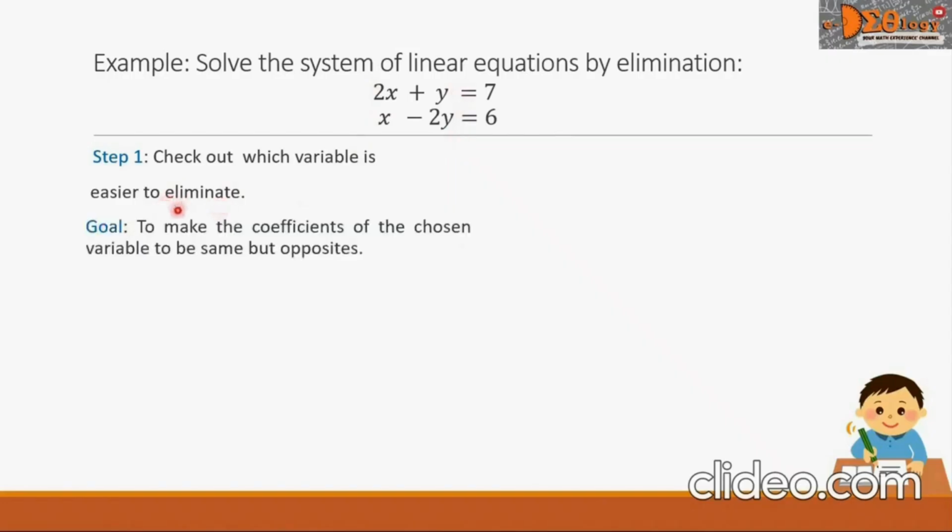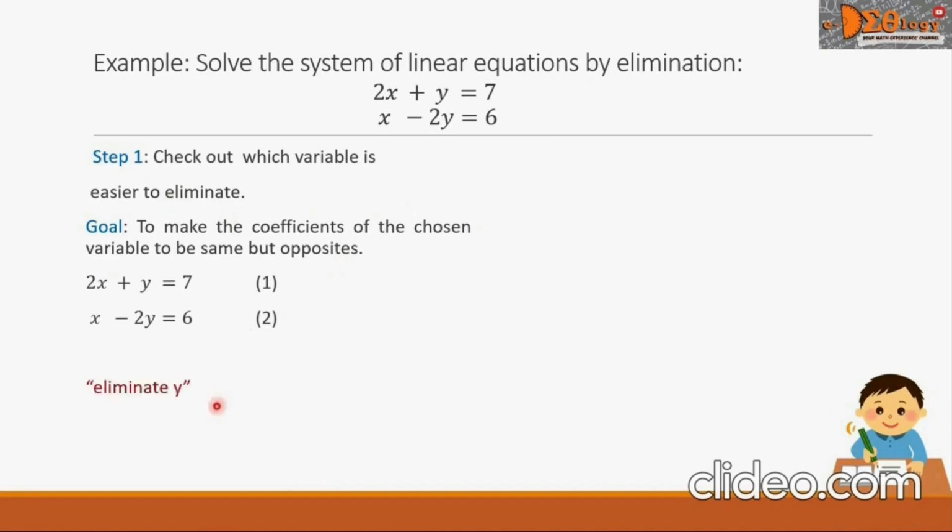And our goal here is to make the coefficients of the chosen variable the same but opposites, meaning they are of opposite signs. Let us copy these two equations down here. Let us name them the first equation and second equation.